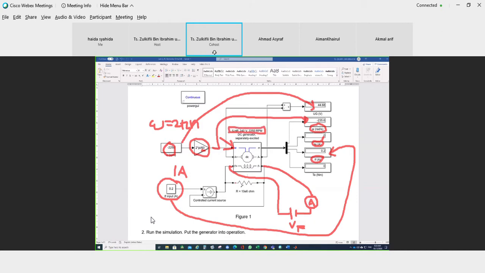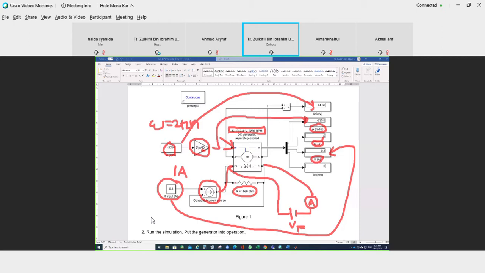And then because of the control current source ni, kita tak boleh directly supply to the field, so you need to have parallel resistance with this control current source, baru dia tak ada error. So kalau kamu terus directly, you will get error lah. So kenapa saya pun tak pasti. Mungkin sebab tu just to maintain the voltage, dia tak boleh.